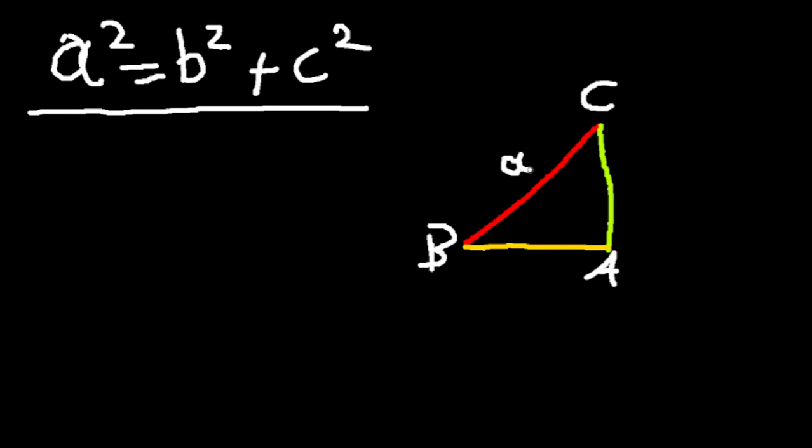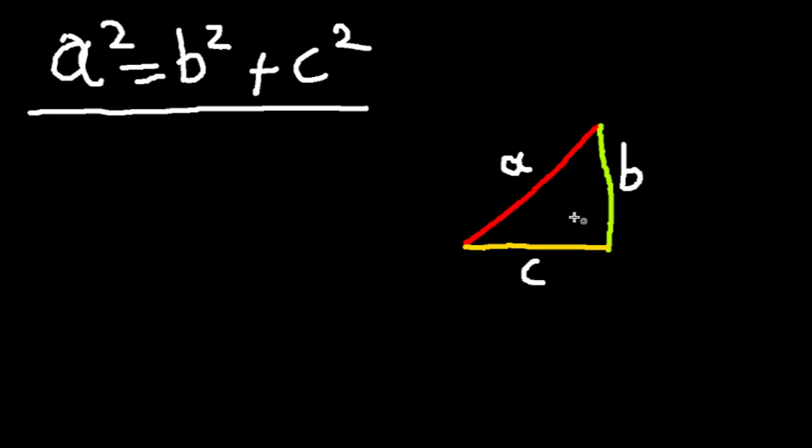So this one would be lowercase a, this one will be lowercase c, and this one will be lowercase b, right? Now that's just for simplification, so I'm not going to have these uppercase letters, and I'll only use the lowercase letters for the example here, right?